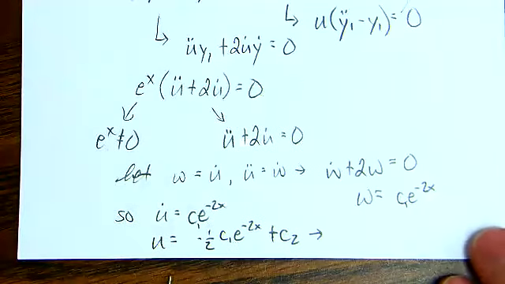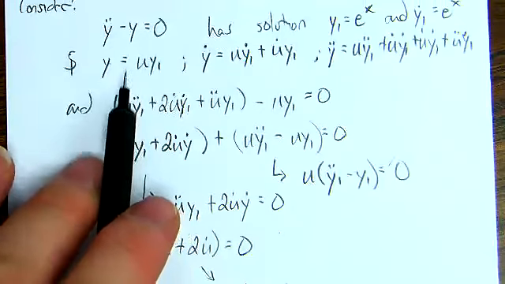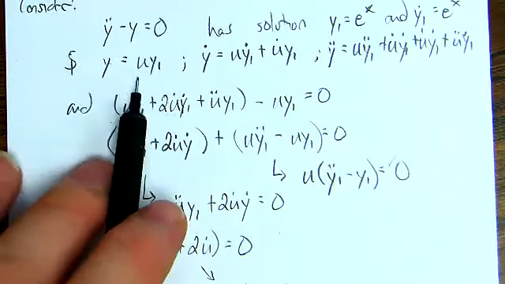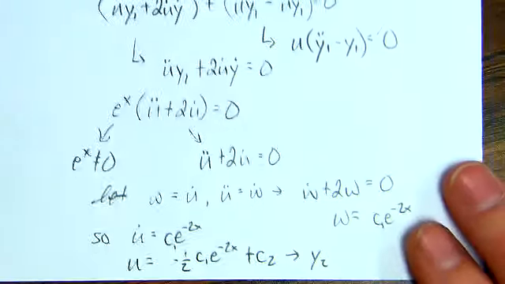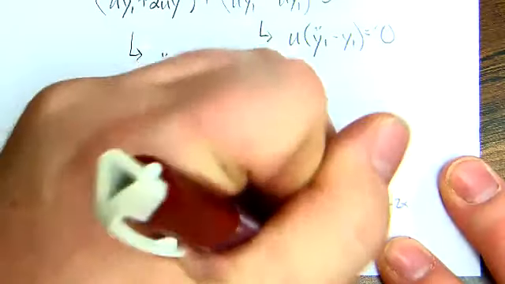But remember what u was. Our supposition here was that y is equal to u times y1. y1 was e to the x. So y then, let's call this y2. Now we can just keep it as y.